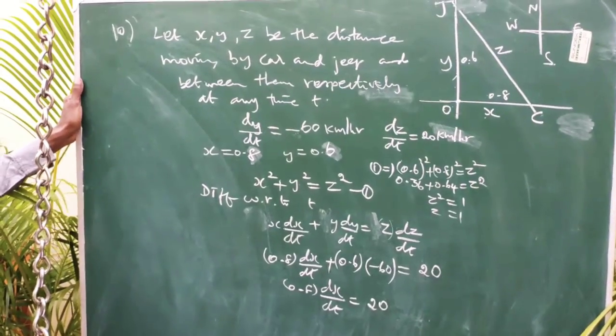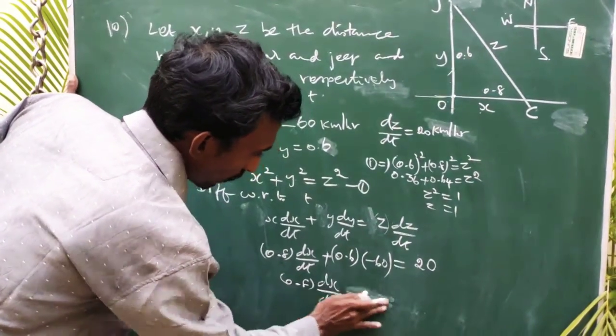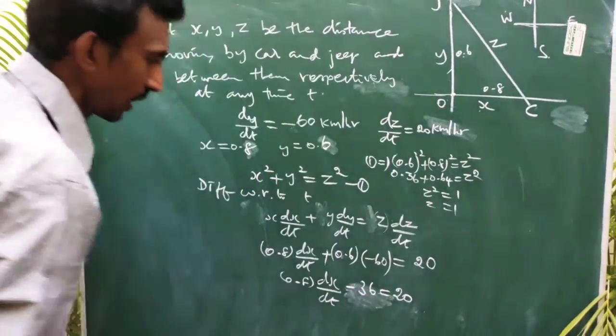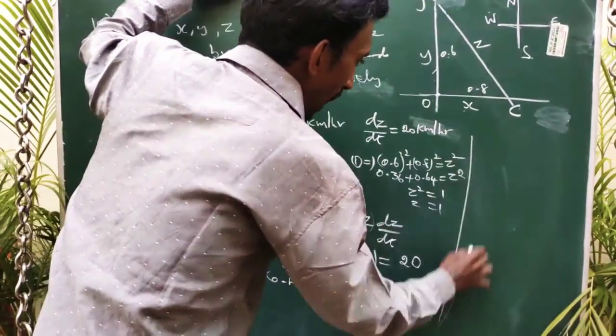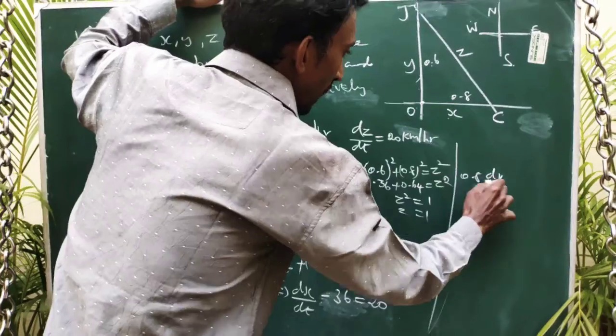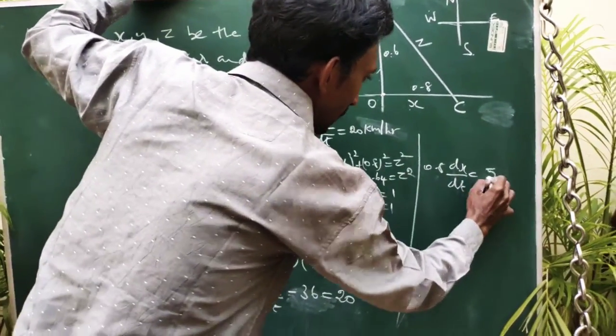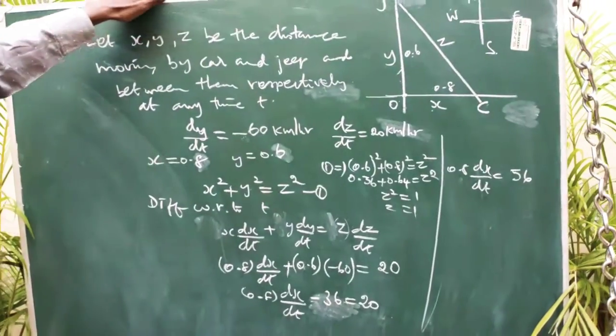If we change the side, or you can write one more step, 0.8 dx by dt equal to 20 plus 36, 56.